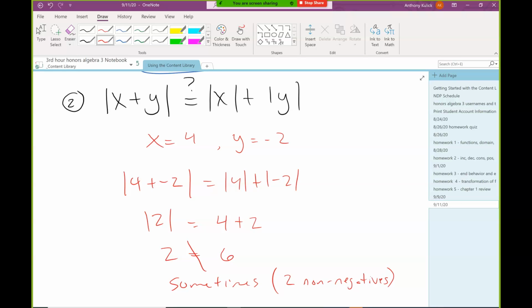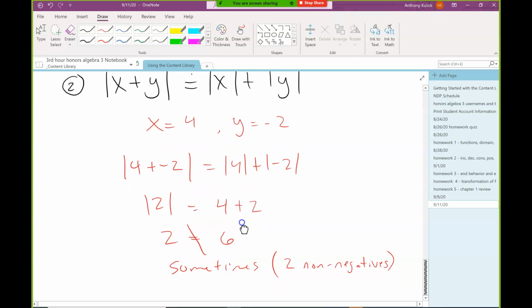Everybody okay there? What if they're both negative? Still won't. Oh, yeah, it would work. Right? And really, again, instead of negative, I'm going to use non-positive because 0 is certainly okay.